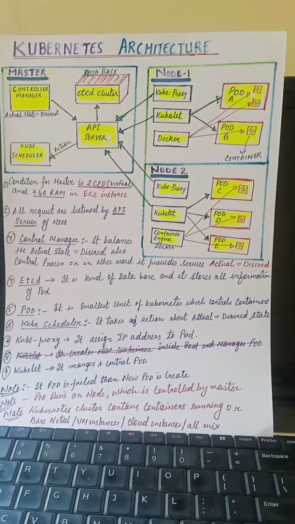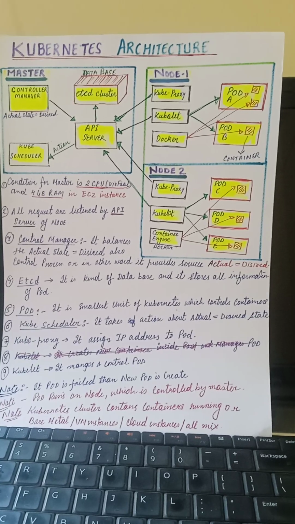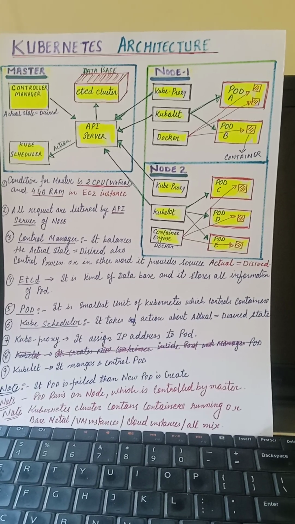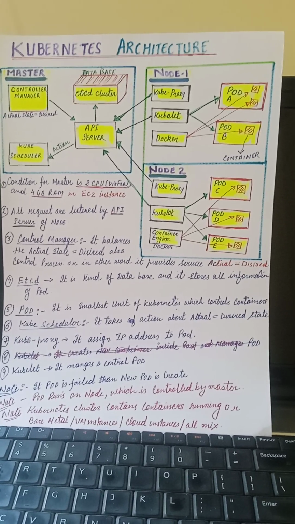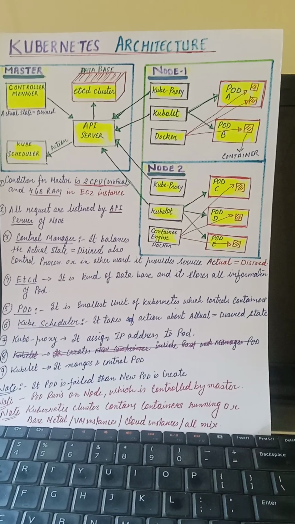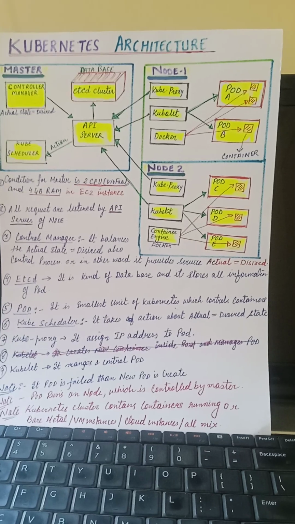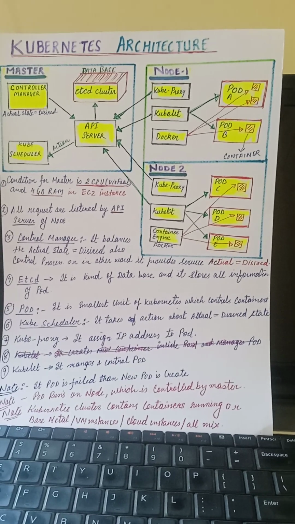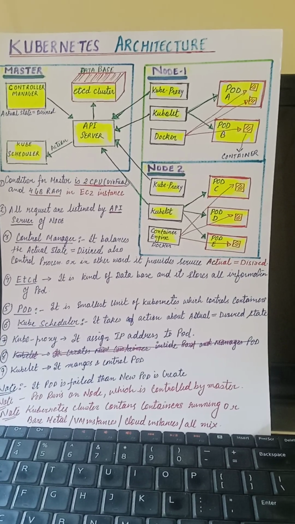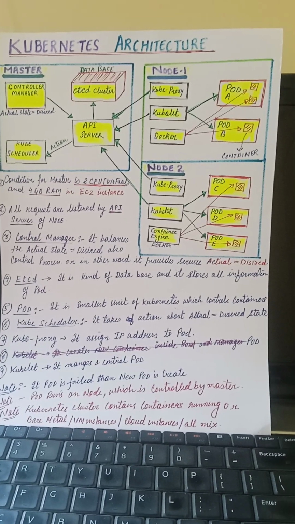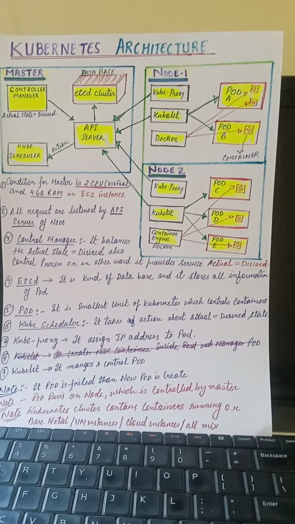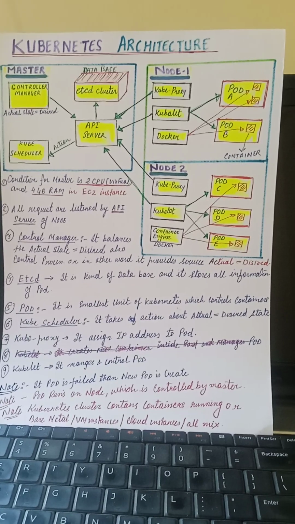The etcd cluster is also known as the database, the controller manager maintains the actual state equal to the desired state, and the kube scheduler takes the action.